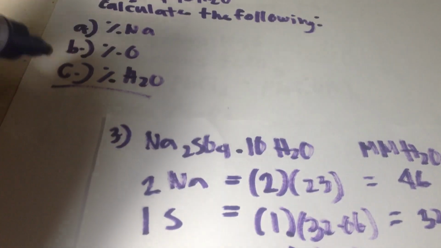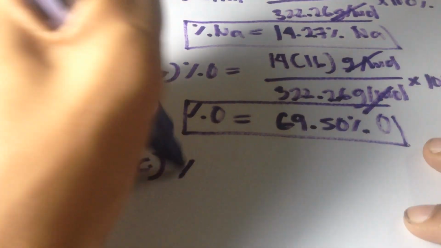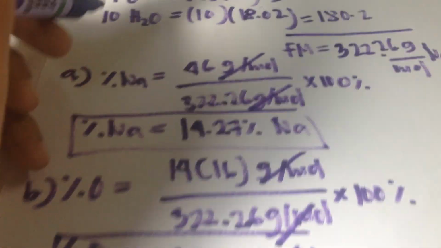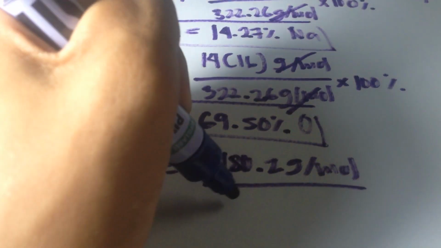And how about the percent of water? And there is C. Percent of water, which is 180.2. So 180.2 grams per mole over 322.26 grams per mole times 100%.